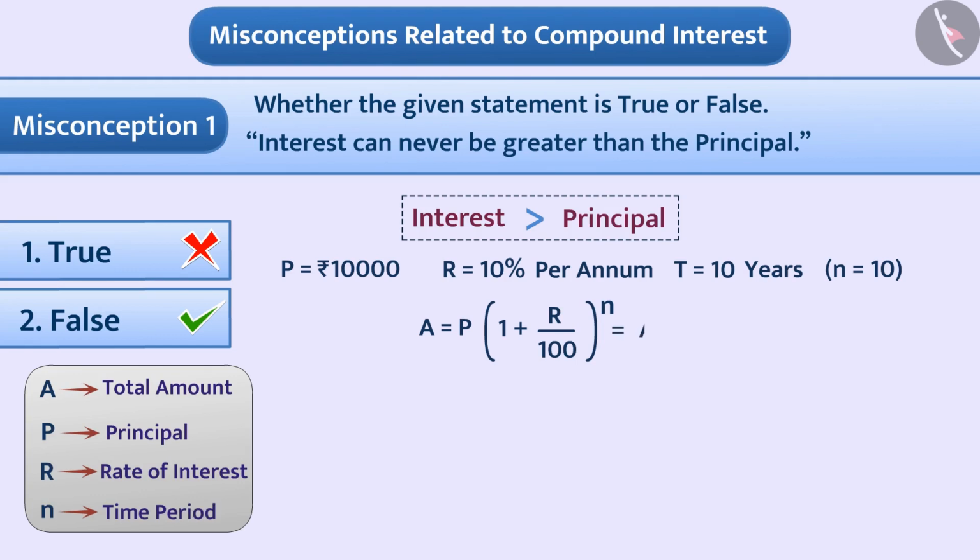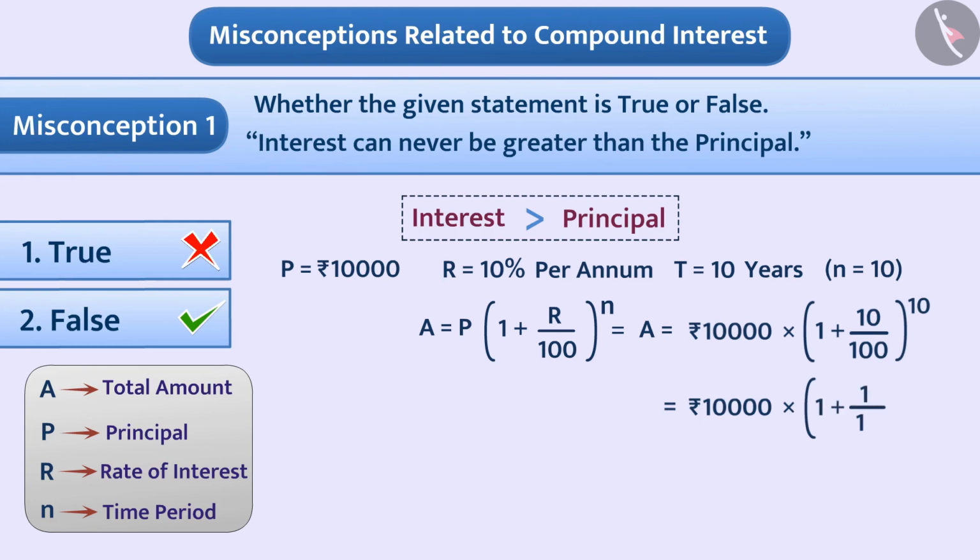In this way, A is equal to 10,000 rupees multiplied by 1 plus 10 by 100 bracket raised to the power 10, which is equal to rupees 10,000 multiplied by 1 plus 1 by 10 bracket raised to the power 10, which is equal to rupees 10,000 multiplied by 11 by 10 bracket raised to the power 10.